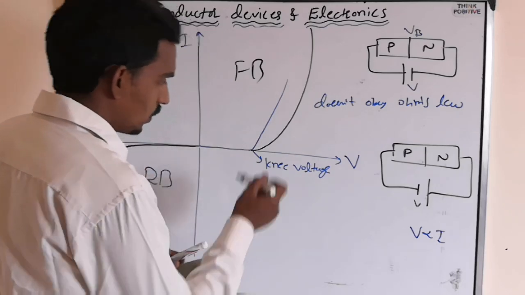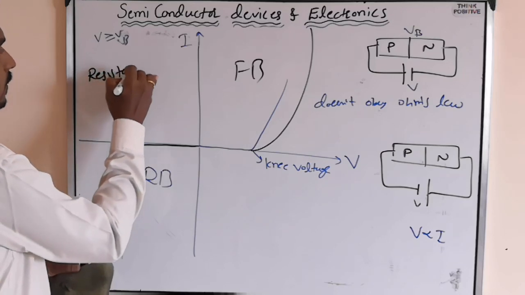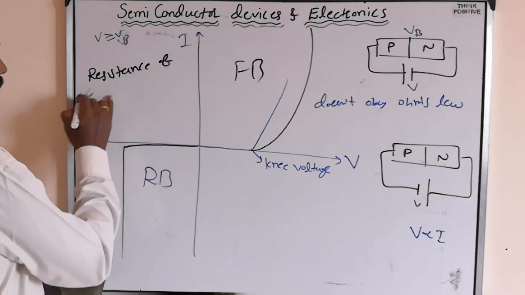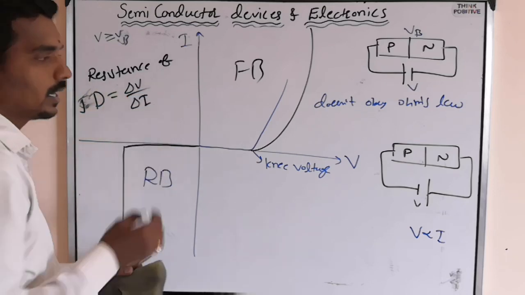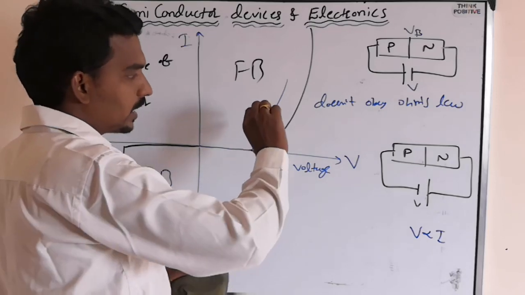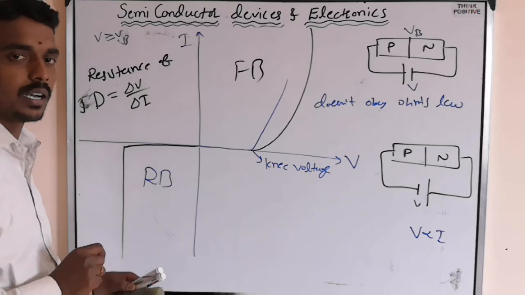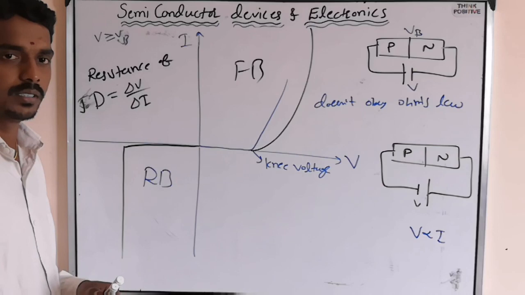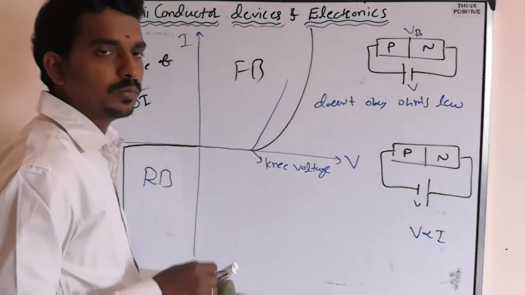But you can take the resistance of junction diode equal to delta V by delta I. If you change the voltage by some amount, there is a corresponding change in current. So that change in voltage by change in current is called the dynamic resistance of junction diode, but it does not obey Ohm's law.